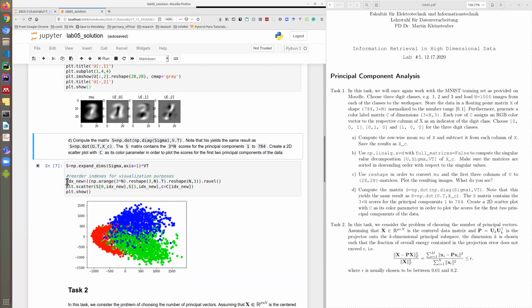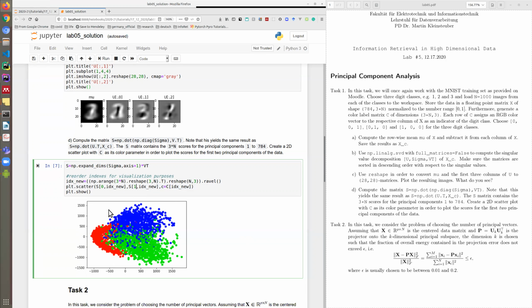This is what we are doing here. We are ordering the indices for visualization purposes, and then plotting the scatter plot. For the scatter plot, we simply give the x-axis as the first argument and the y-axis as the second argument, and this C is the color index, so to say.